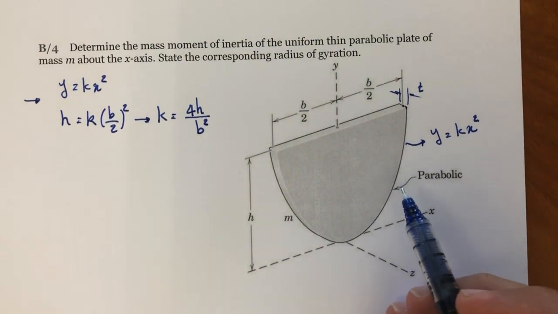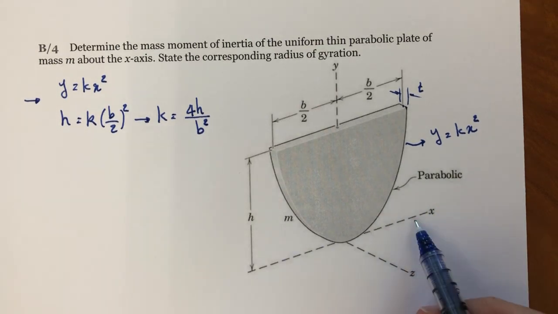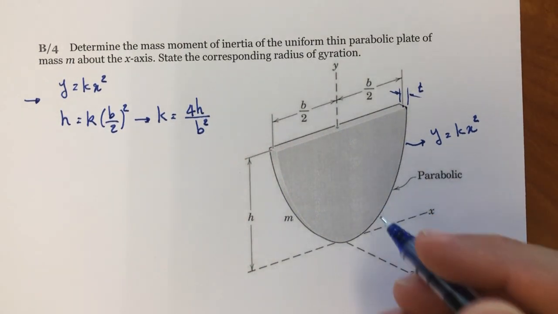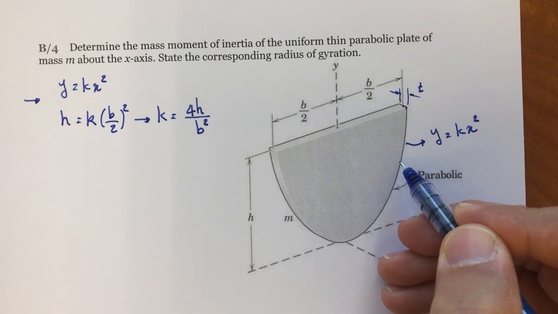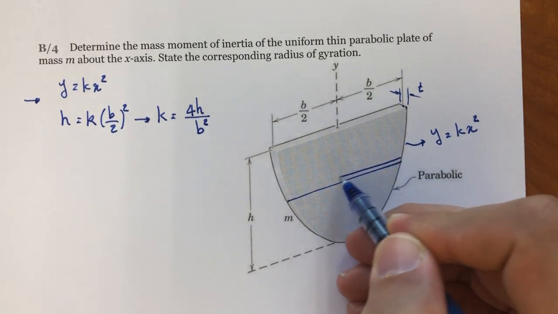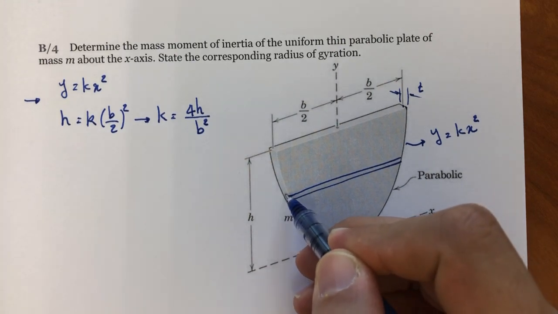And the question is asking what is the mass moment of inertia about the x-axis. So again, you have different choices for your element. What do you want to choose as your integral element? Probably the simplest choice is using horizontal strips.